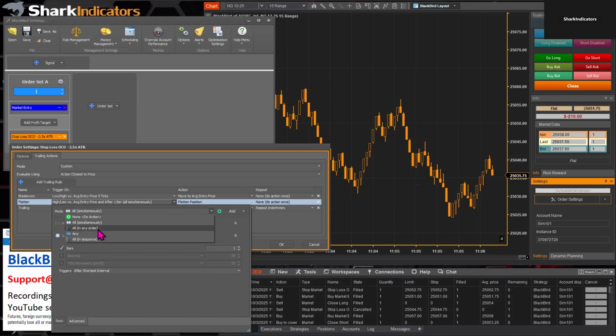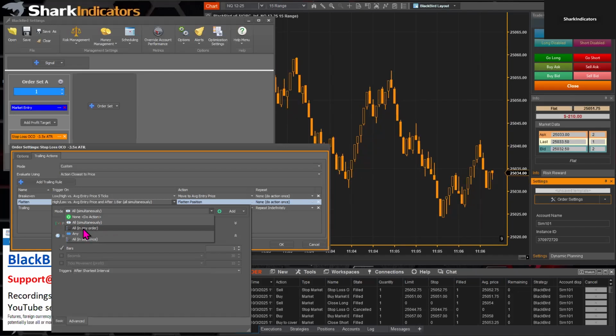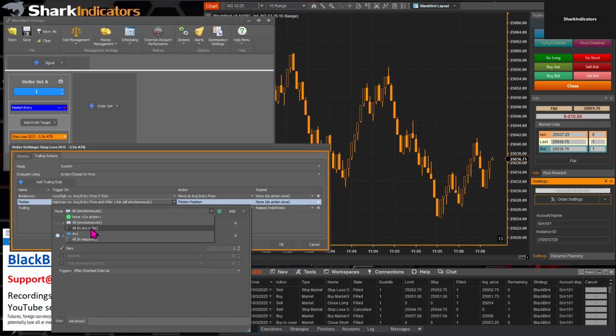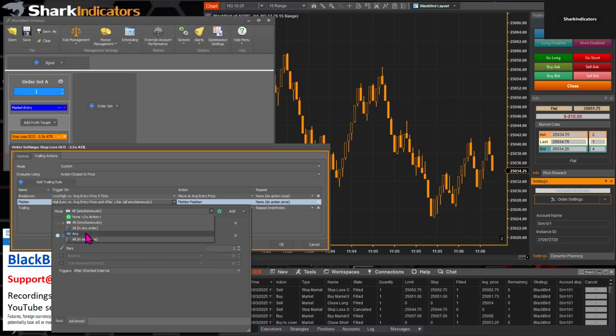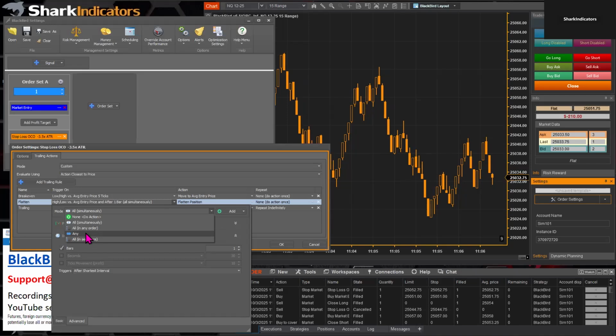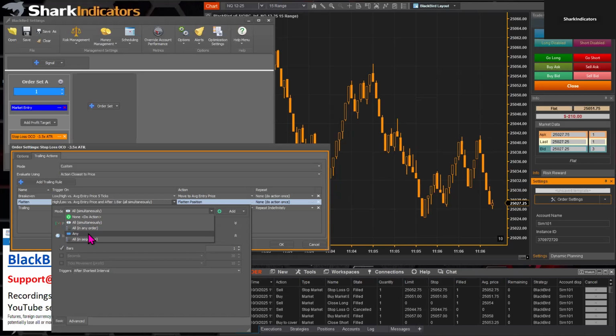Sometimes, this is pretty rare, but sometimes you need conditions to happen in order, in sequence, or sometimes you might have multiple conditions that would trigger flatten, and it doesn't matter which condition it is.